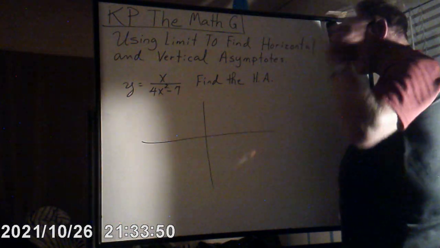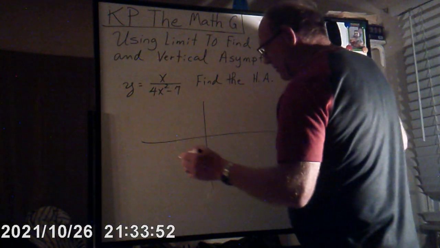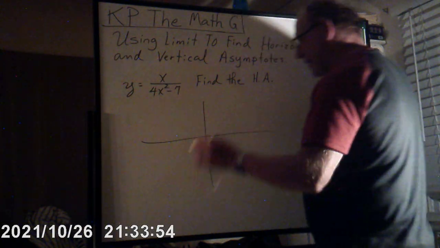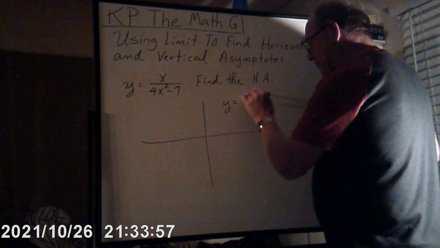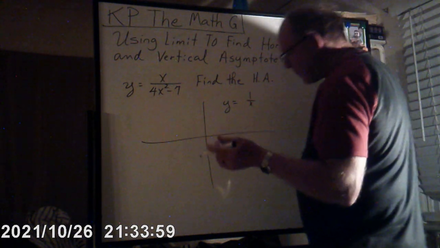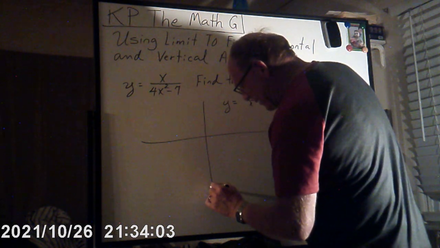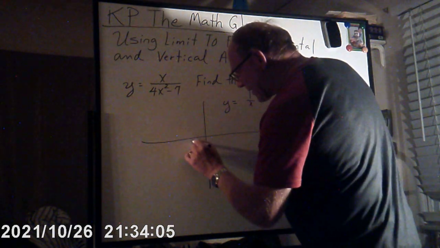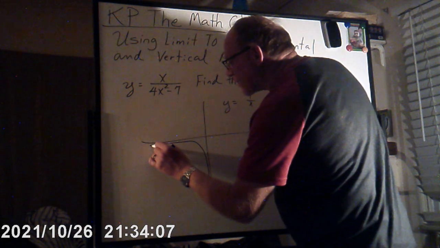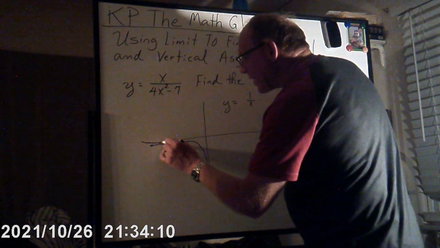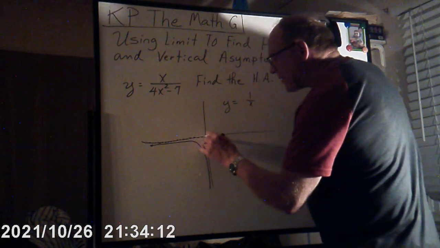Let's say that you have a graph here. Matter of fact, y is equal to 1 over x. Most likely you will have something that looks like this, and the horizontal asymptote goes straight across here.